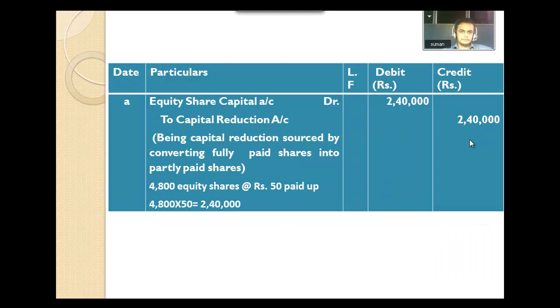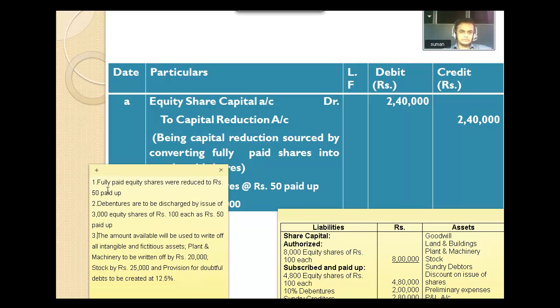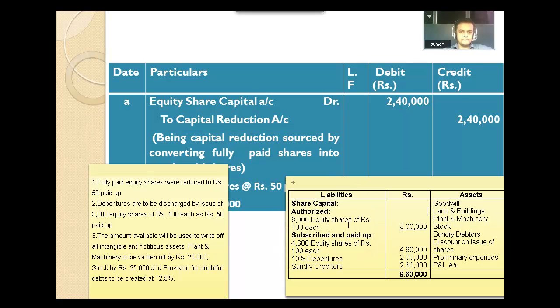Now our first adjustment is related to equity share capital. In the first adjustment, fully paid equity shares were reduced to rupees 50 paid up. In the balance sheet, they have 4,800 equity shares of rupees 100 each.